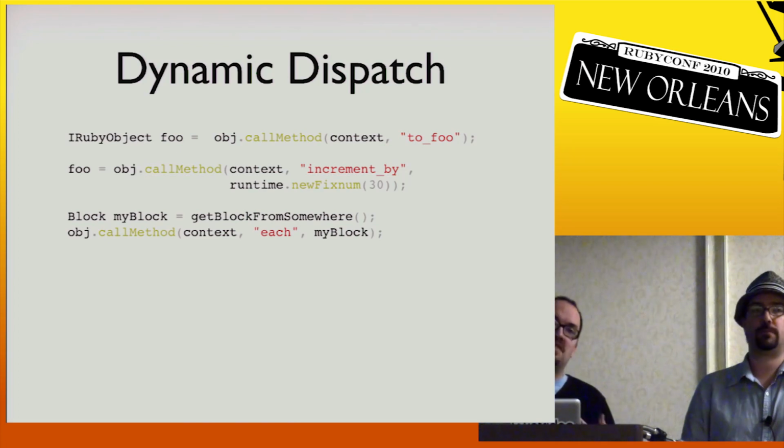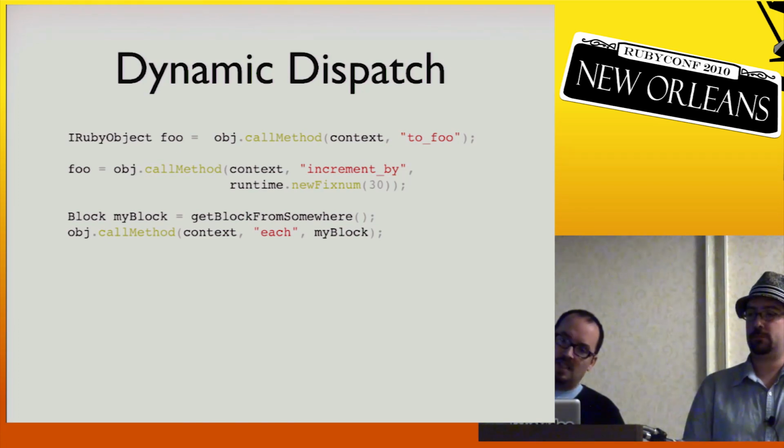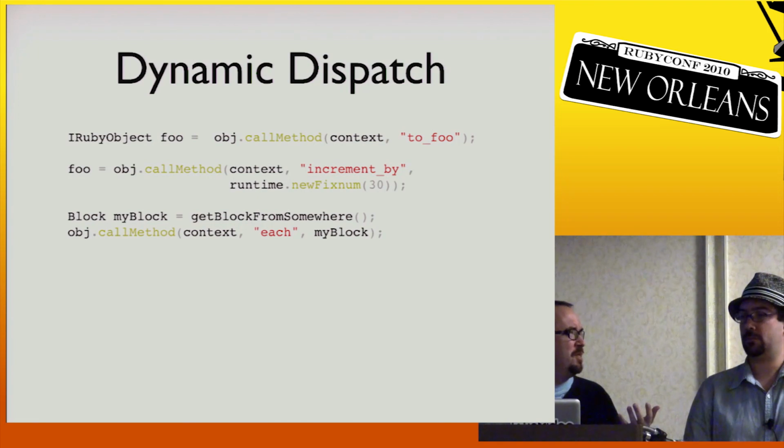If you actually want to just do dynamic dispatch, we have a whole series of call method overloads. The top one is a no-arg version where we're just calling toFoo. But if you actually have arguments, you can just add those arguments onto the end of that chain, and you have it up to like an arity of 5?